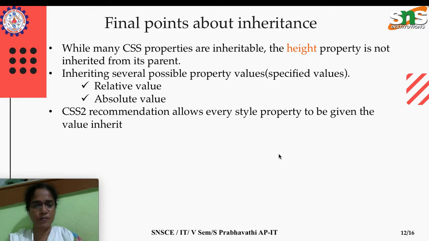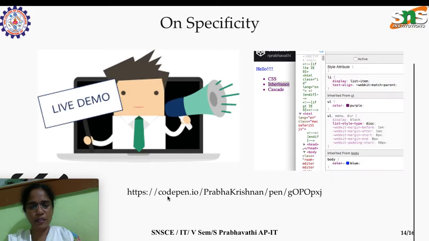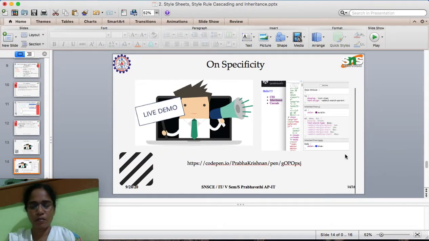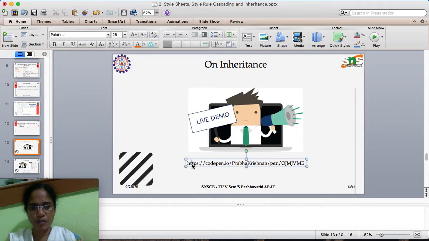So that's it about inheritance, and here I'll take you to a quick demo of inheritance and specificity. I'll copy the link about inheritance and take you to this link.